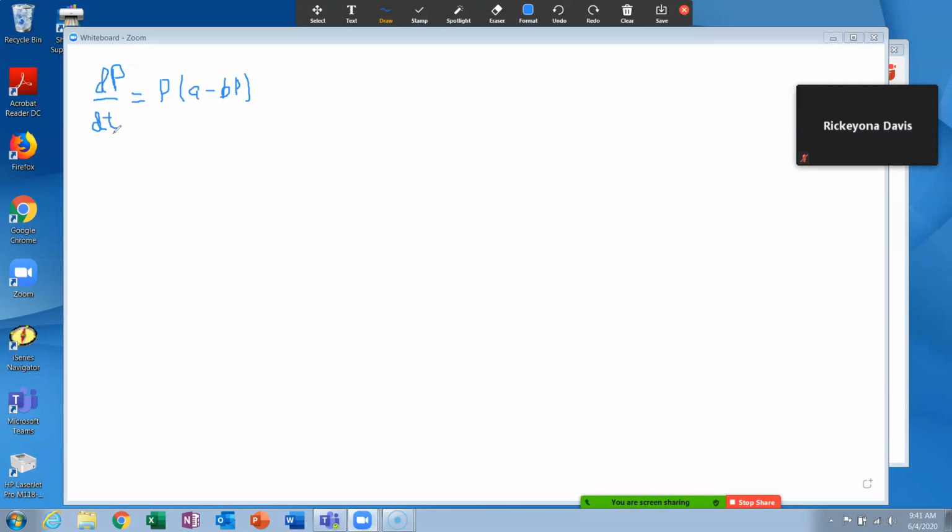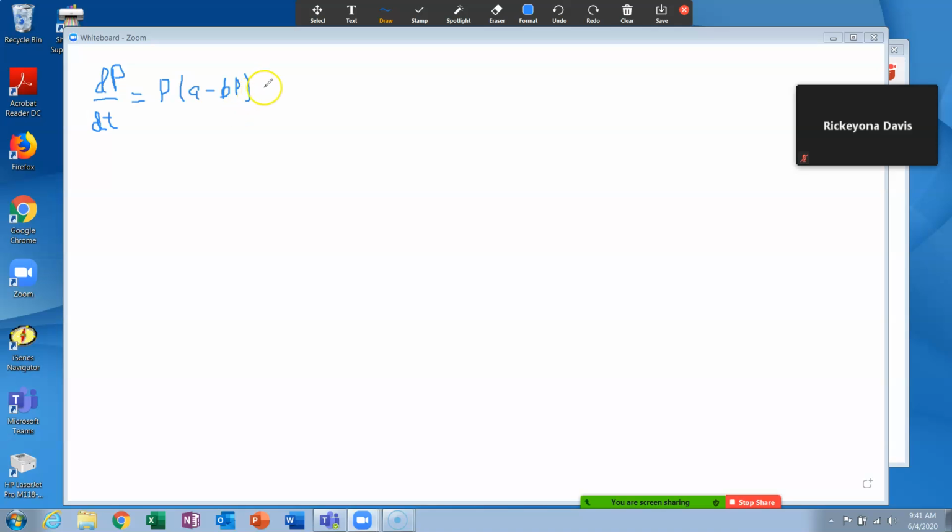Now, the reason I say that, if we do a little bit of analysis of this, we see, okay, what are we interested in? We're interested in where this slope is 0. In other words, this function is 0.